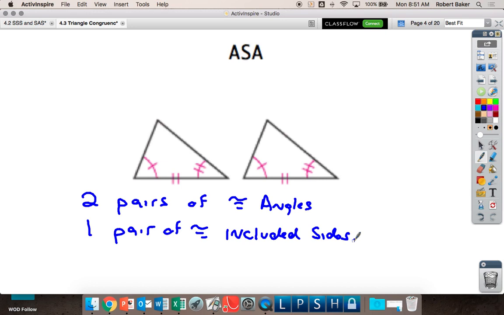So it's 2 pairs of congruent angles and 1 pair of congruent included sides.